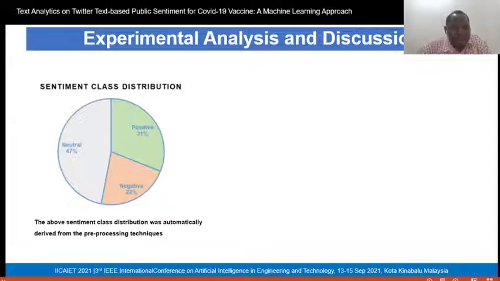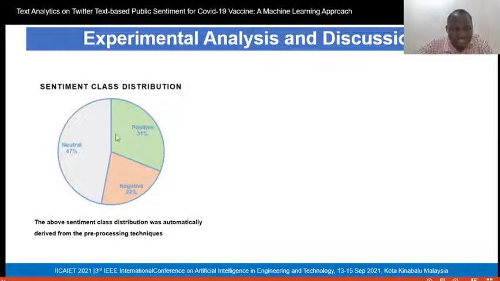We apply a technique that automatically detects the sentiment of all the text in the data set, and out of the data set we have 31% positive sentiment, 47% neutral, and 22% negative.